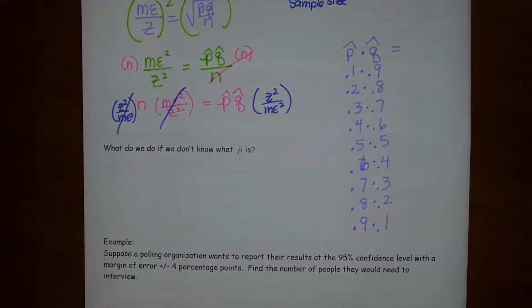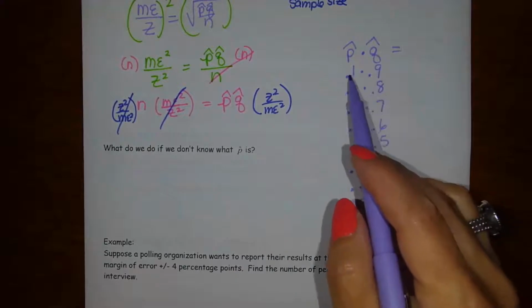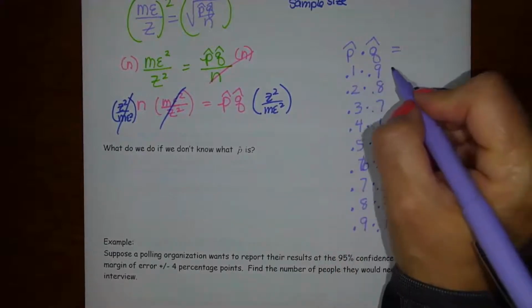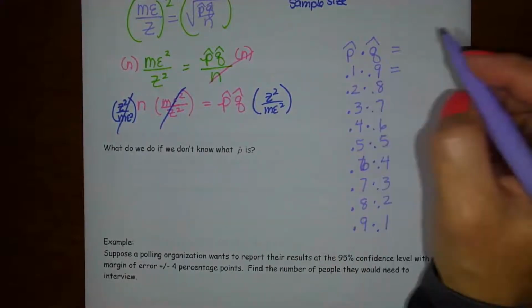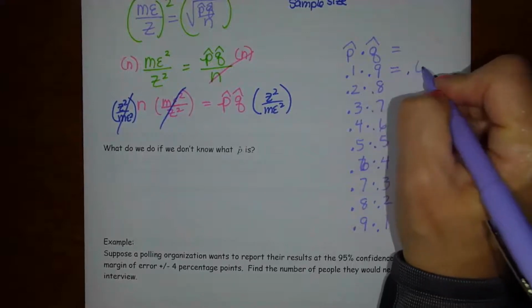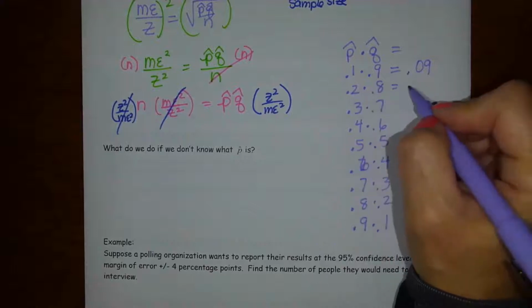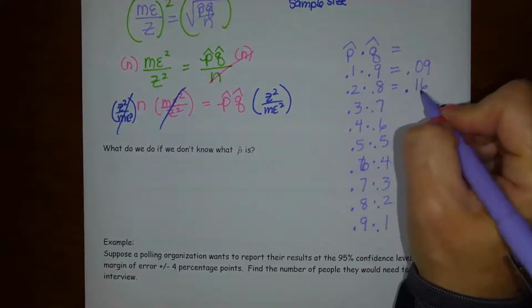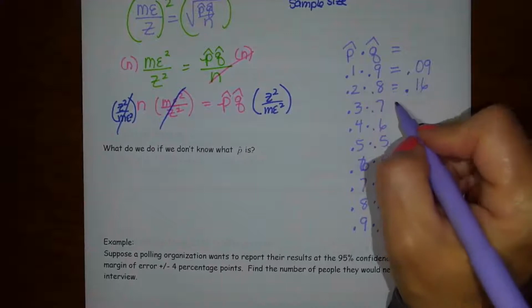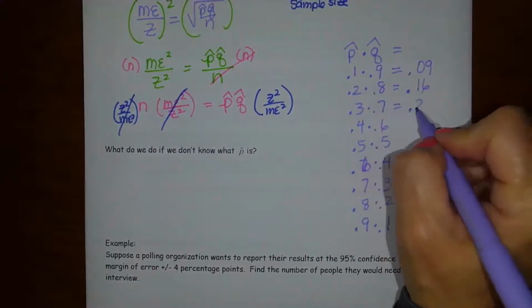Looking at the whole list, you'll be like, I get it. If p hat is 0.1 and q hat is 0.9, what is p hat times q hat? 0.09, right? What is 8 times 2? 16. So if there's a decimal, just move it over twice. 3 times 7.